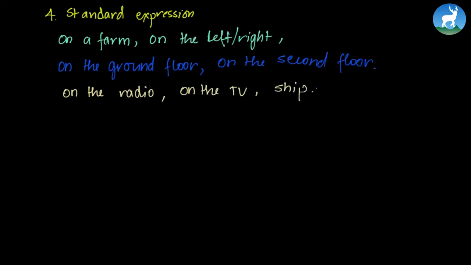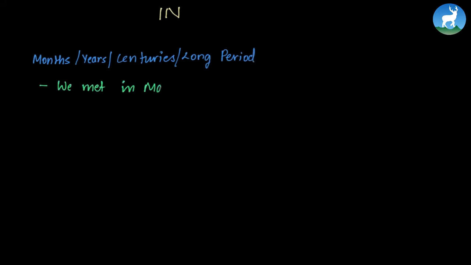Now we will look at the use of in. We can use in with months or years or centuries or a long period of time. So for example, we met in May. I remember your son.